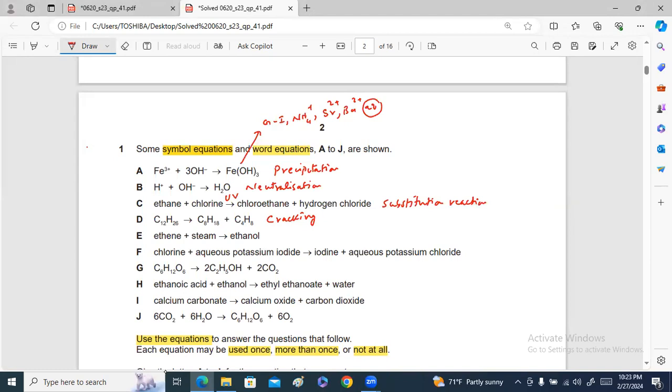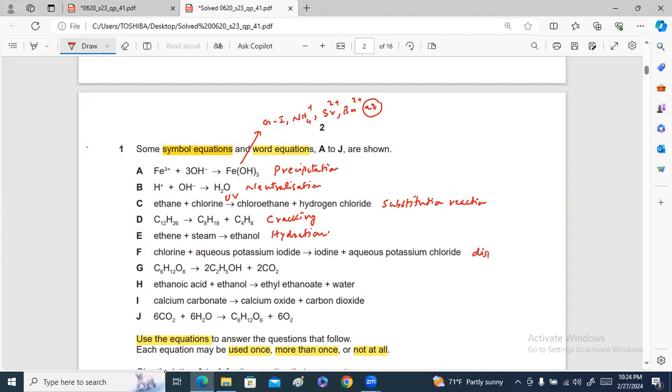Ethene reacts with steam to form ethanol. There are two methods for the preparation of ethanol in the 0620 syllabus. This is hydration, and the other one is fermentation. Chlorine plus aqueous potassium iodide forms iodine plus aqueous potassium chloride.